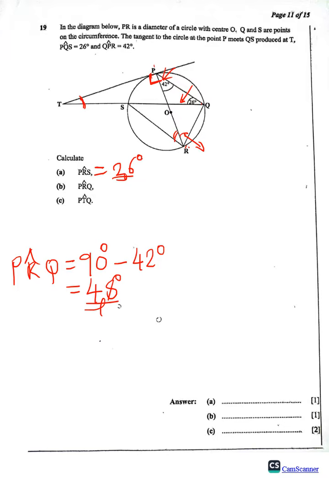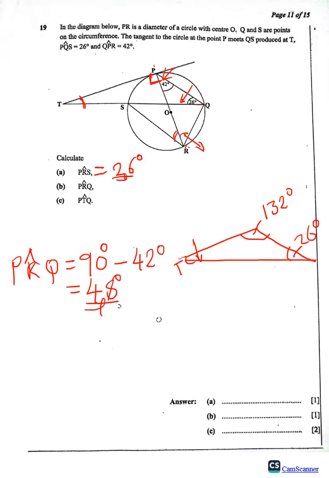So let's try to redraw this triangle here. We have a picture, so we have a triangle like this one. This is the angle that we are solving. Here we have 26. Then here we have 42 plus 90. So 42 plus 90 is equal to 132. For us to find this angle, we are going to find the sum of 132 and 26.